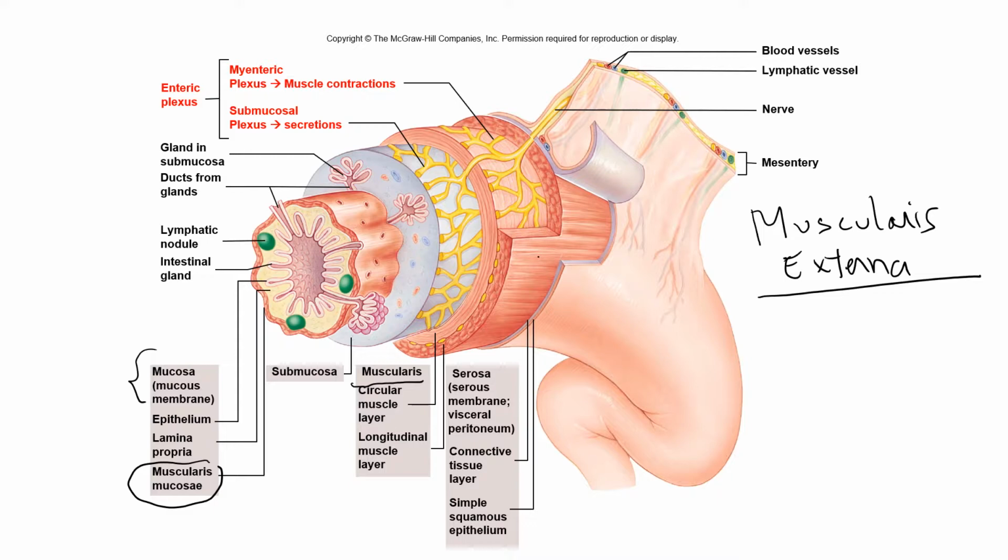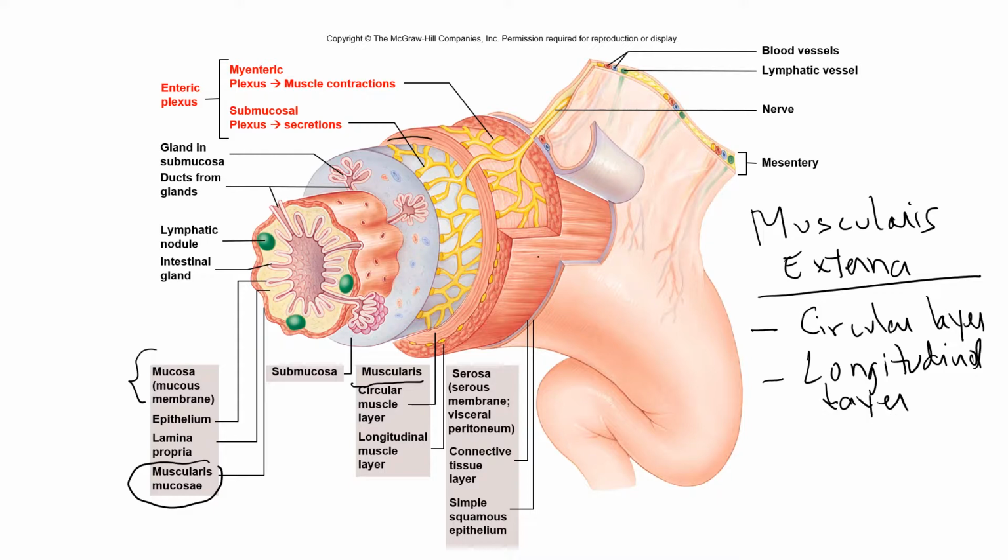Most of the GI tract will have two muscle layers running at 90-degree angles from each other, a circular layer and a longitudinal layer. So this is the circular layer, and this is longitudinal layer.